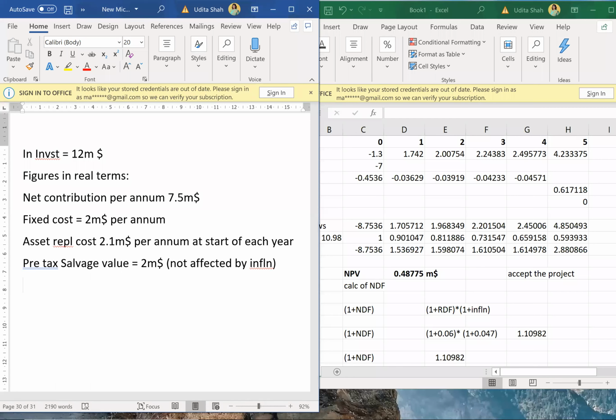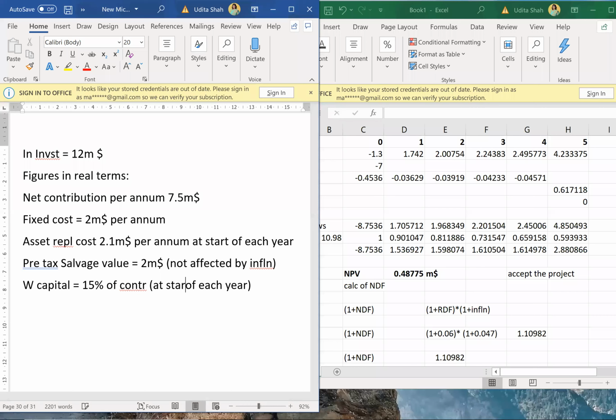Okay. Working capital: 15% of contribution at start of each year. Or let us take it as at end of each year.